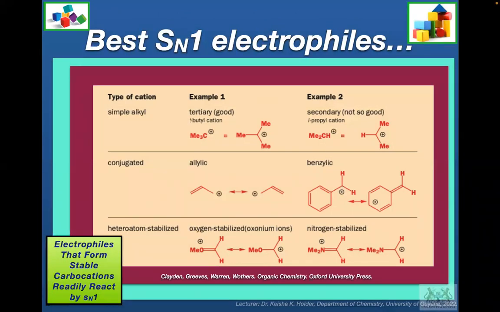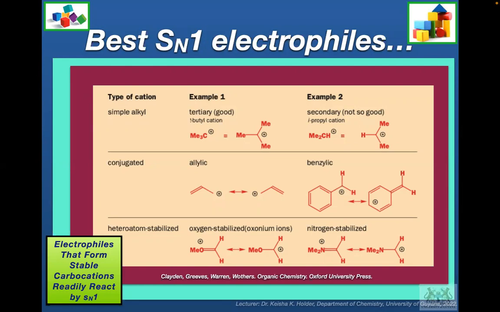All right, so what are some of the best SN1 electrophiles? SN1 electrophiles come in many shapes and sizes, of course, but the general trend is that our electrophiles have to be seen in the light of the intermediate that they will form.